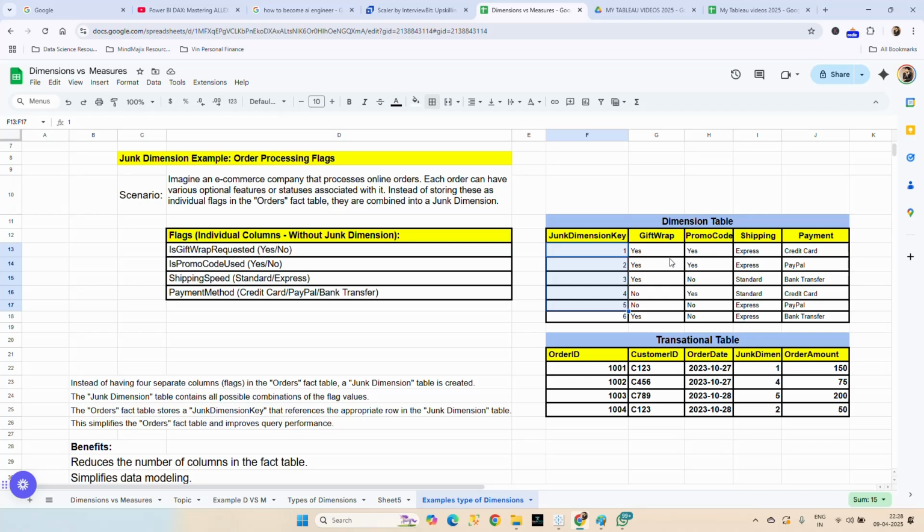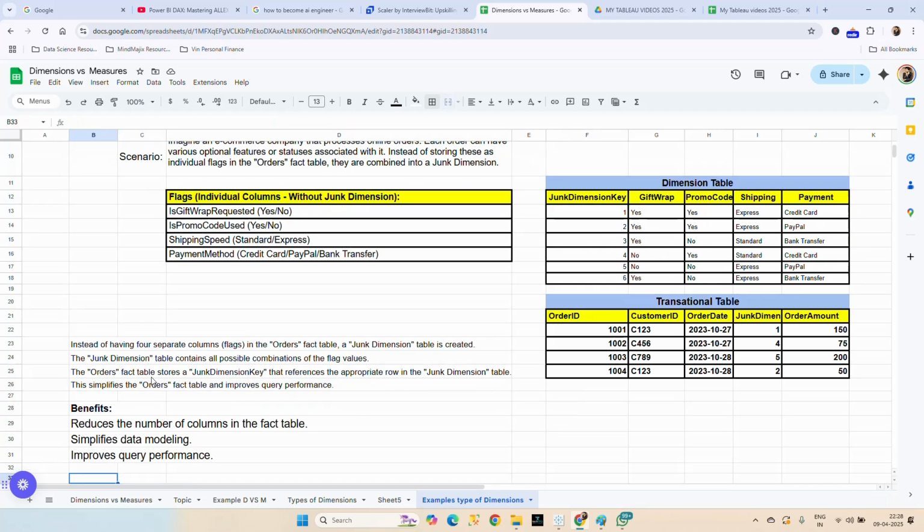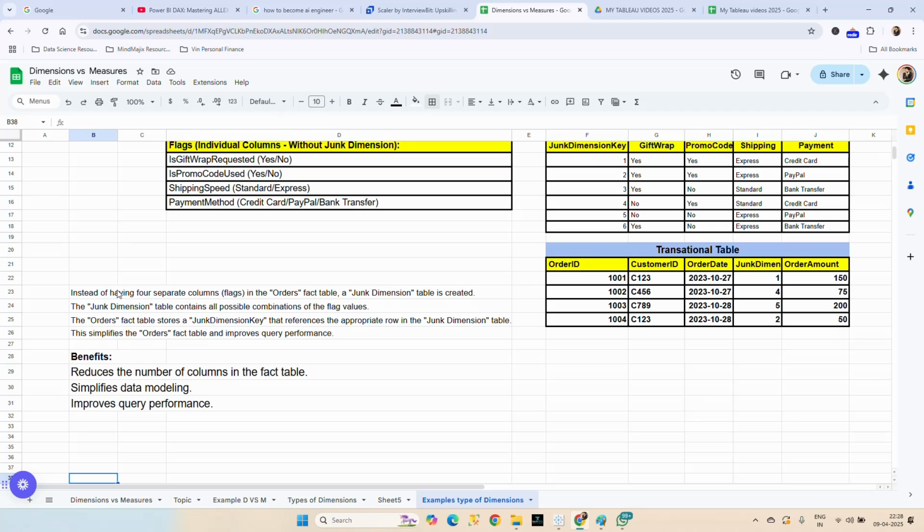It's easy to get the data, and there are no repeated entries in the transaction table. That is what I wrote here. Instead of having four separate columns in the transaction table, we need to add only one.